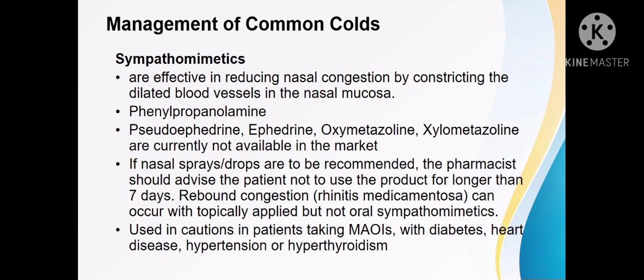If nasal sprays or drops are to be recommended, the pharmacist should advise the patient not to use the product for longer than 7 days. Rebound congestion or rhinitis medicamentosa can occur with topically applied but not with oral sympathomimetics. Sympathomimetics should be used with caution in patients taking MAOIs, with diabetes, heart disease, hypertension or hyperthyroidism.